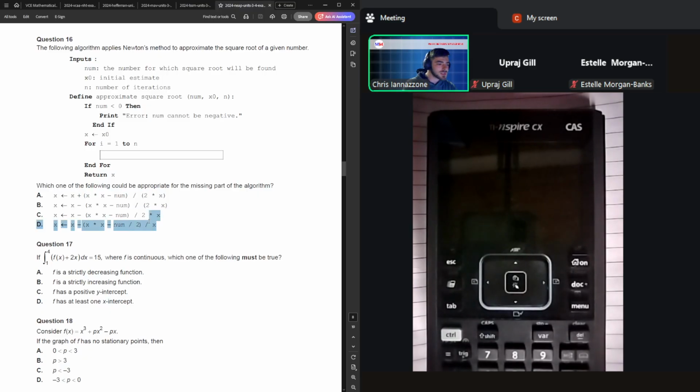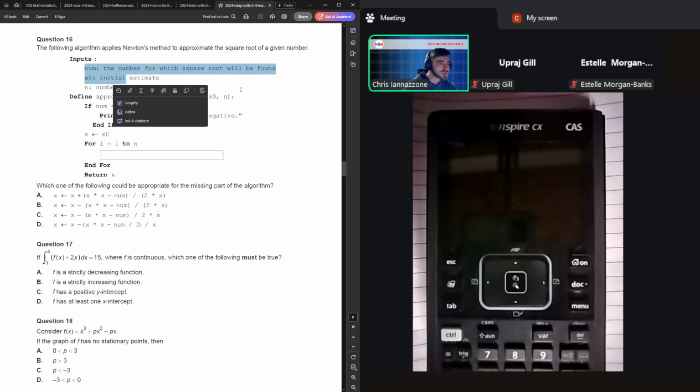I mean, there's a really brute force way of doing it, which is just doing an example number. So you just pretend x naught equals whatever. Like let's say number is 10 and x naught is 9.